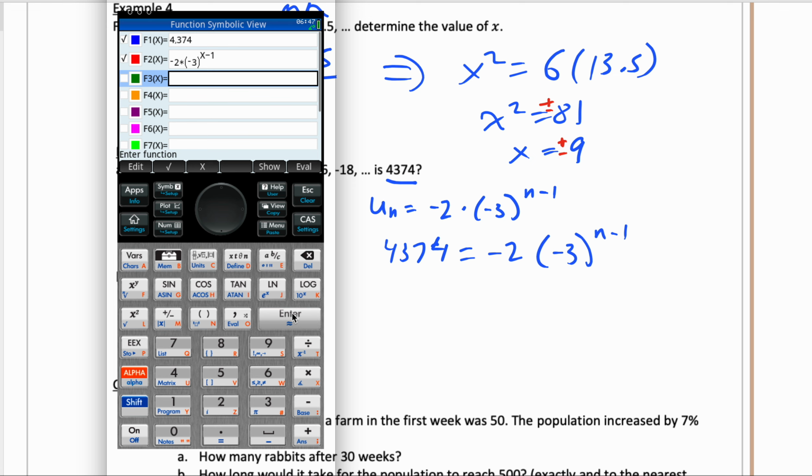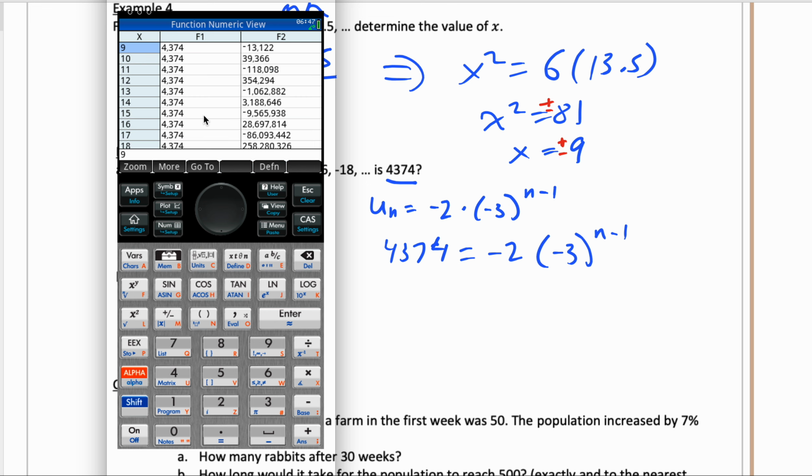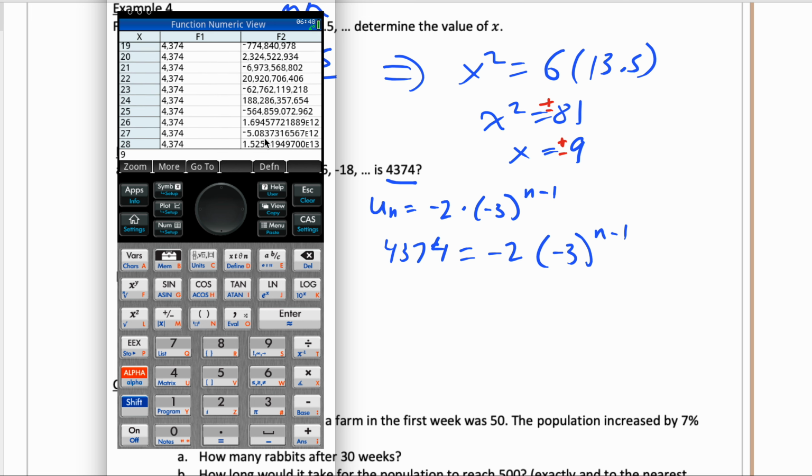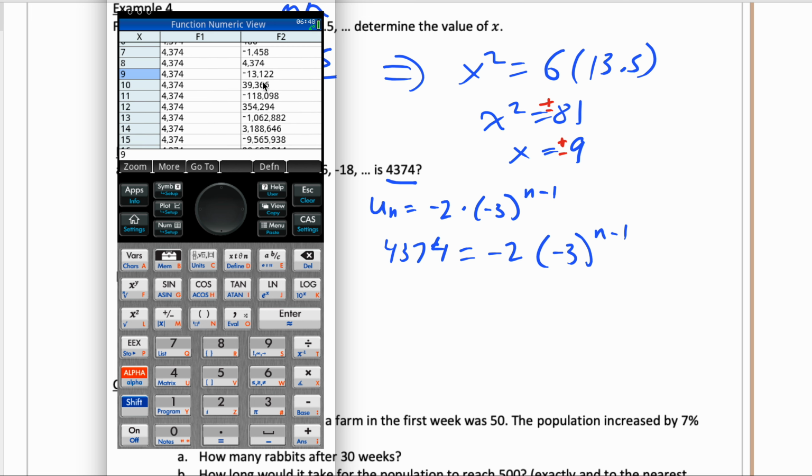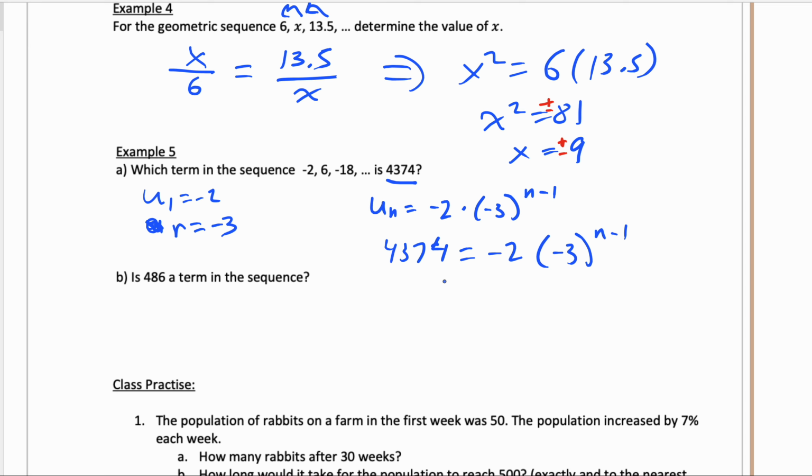Now n is a whole number, so you should be able to just look it up in the table instead of by the graph. The numbers are getting bigger and bigger. Oh no, they are not. Let's go back. Oh, it's the eighth term. The eighth term is 4,374. So n equals 8.